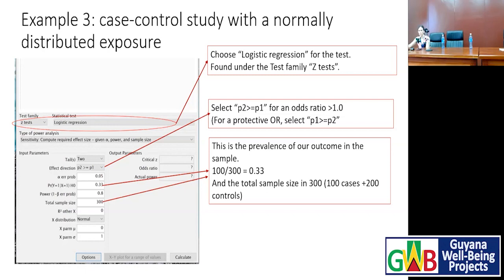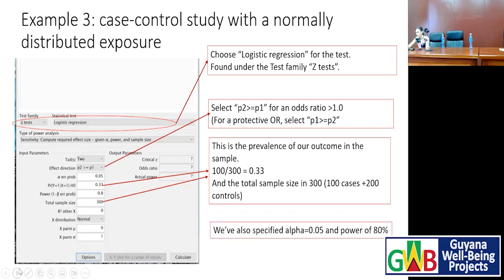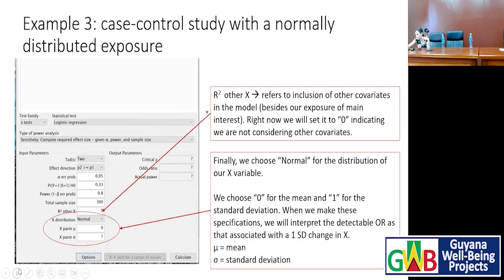It's 0.33, so we fill 0.33 there, and our total sample size is 300. We've also specified alpha equals 0.05 and power of 80%, keeping that the same as before.